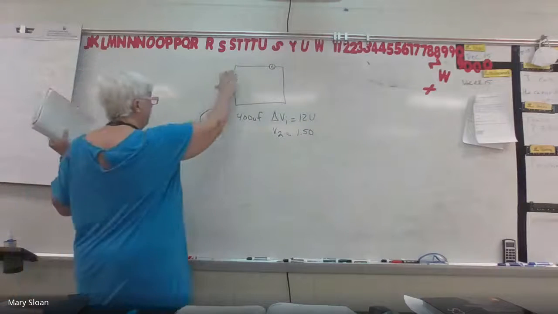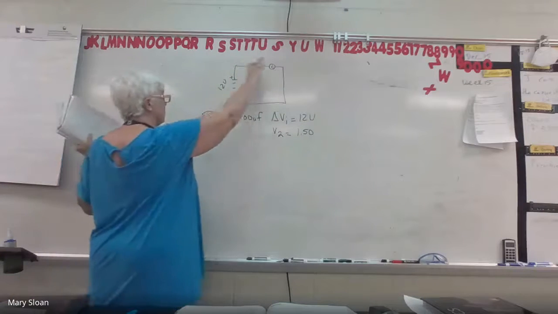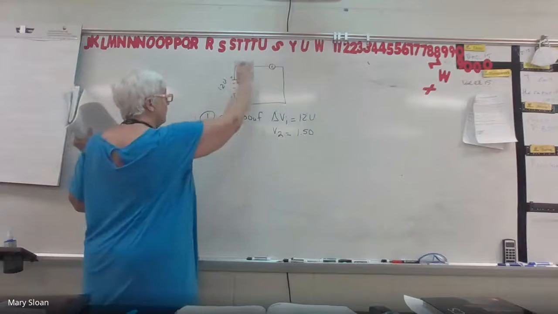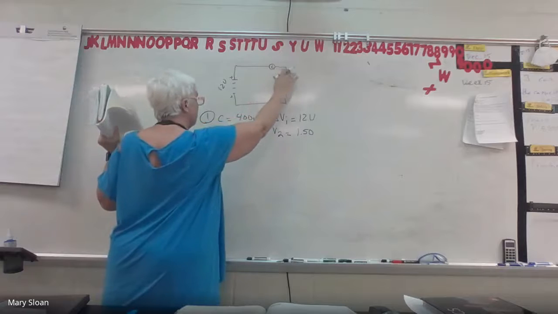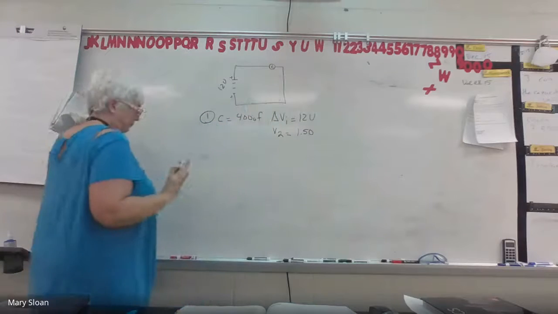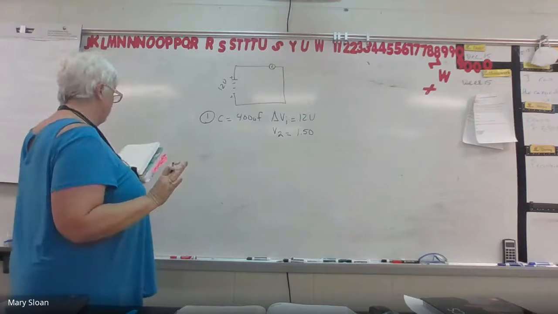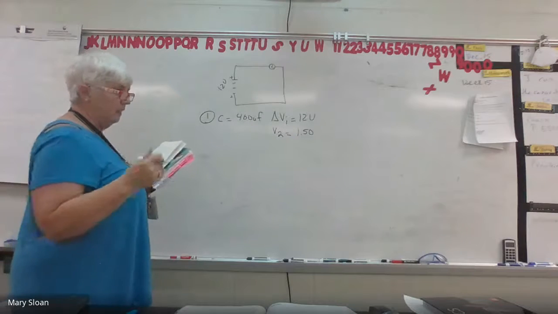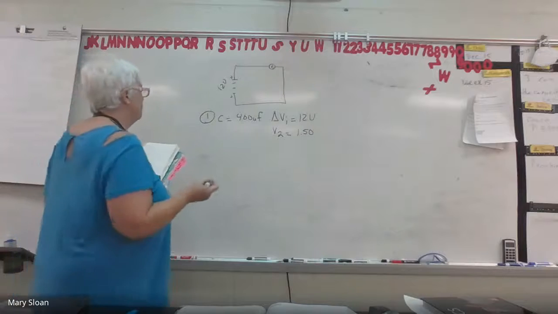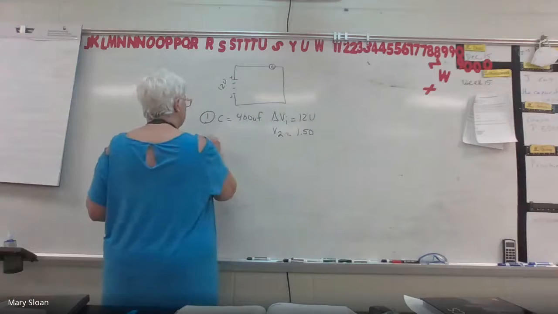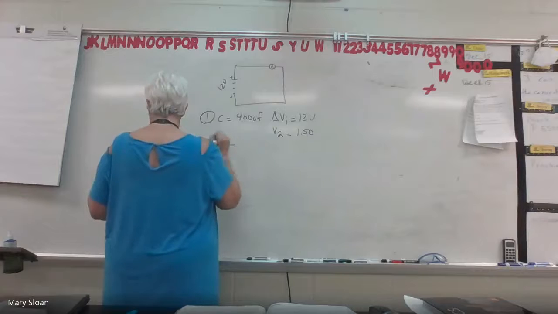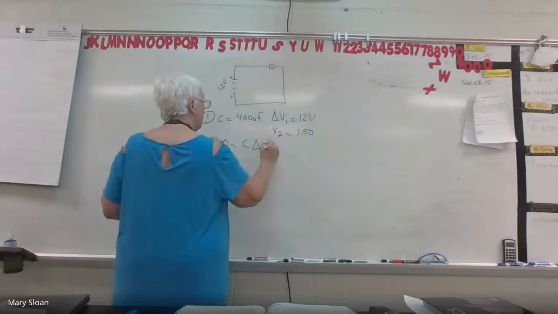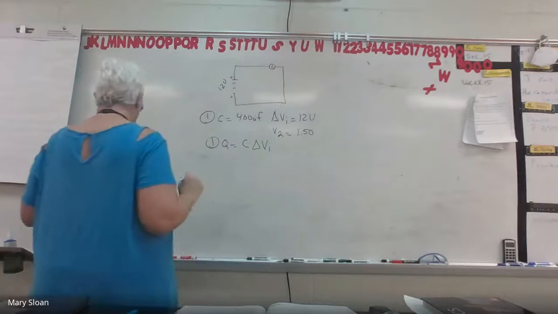So you draw the diagram showing the capacitor, showing that you have a voltage of 12 volts, and then as it goes through with the voltage 2, 1.5, which we're not really going to specify right now, but we could specify it later once we start drawing these types of circuits. So the first question is asking us about Q. We're going to use Q equals C times the change in voltage 1.